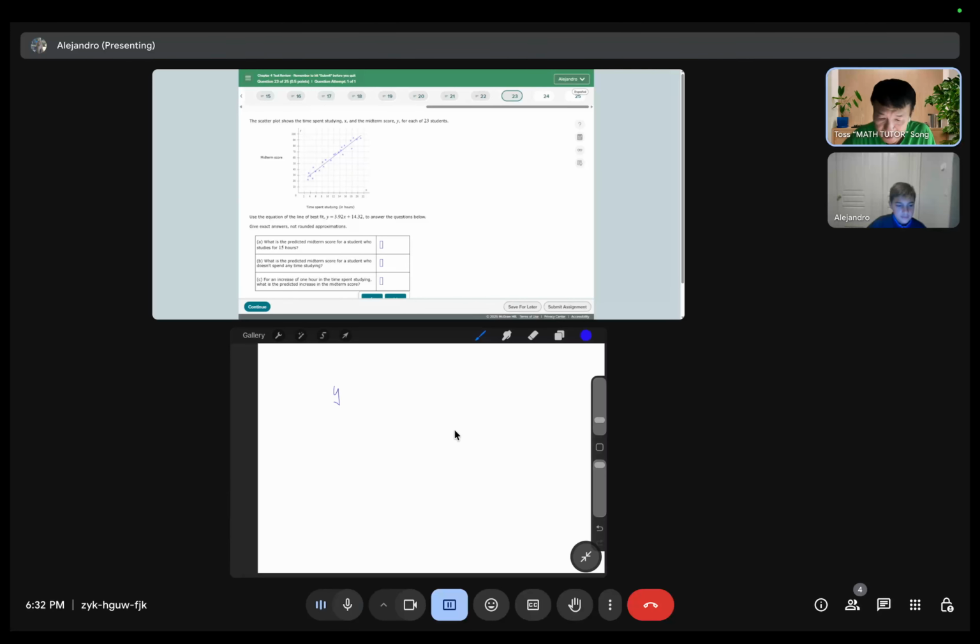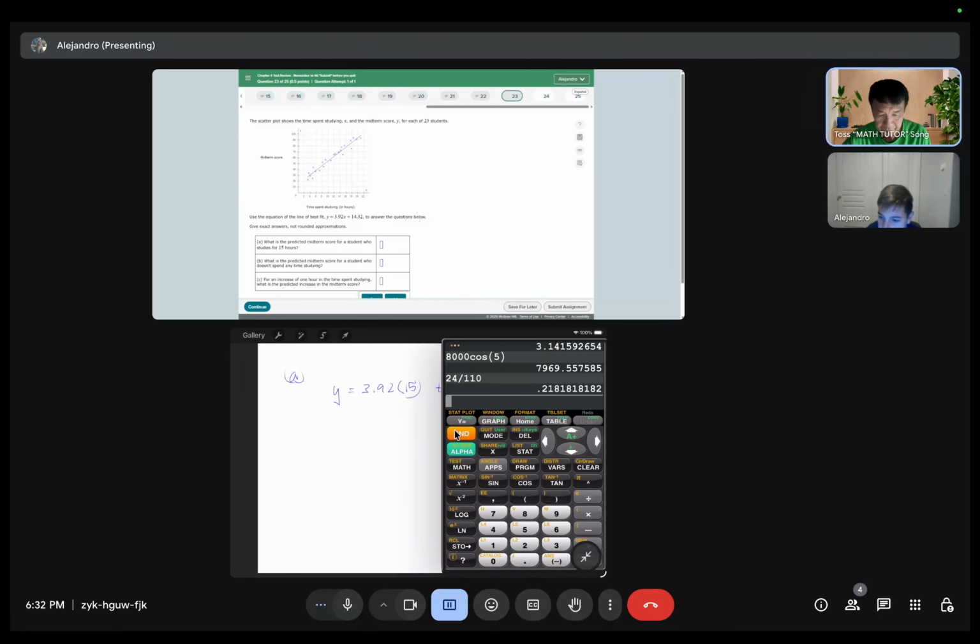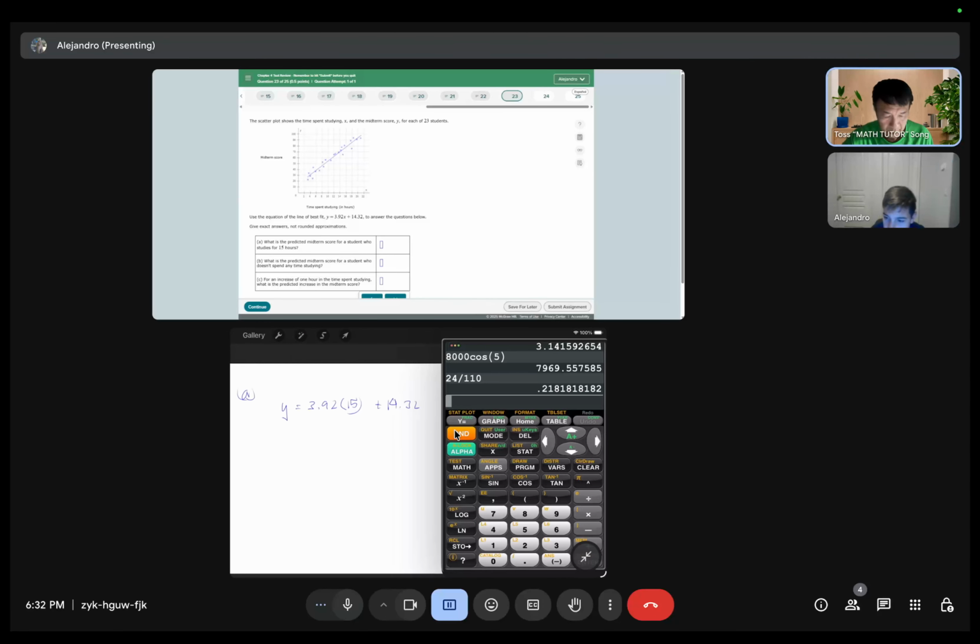So that's what it's asking for in A. So do you see what I'm about to do? I'm going to plug in the 15 into the X. I'll use the calculator with you here. I'll plug in 15 plus 14.32. Yeah, double check if those are the values. Looks good, right?